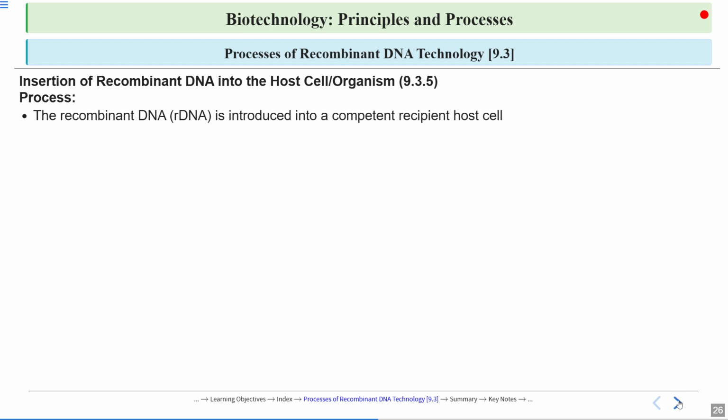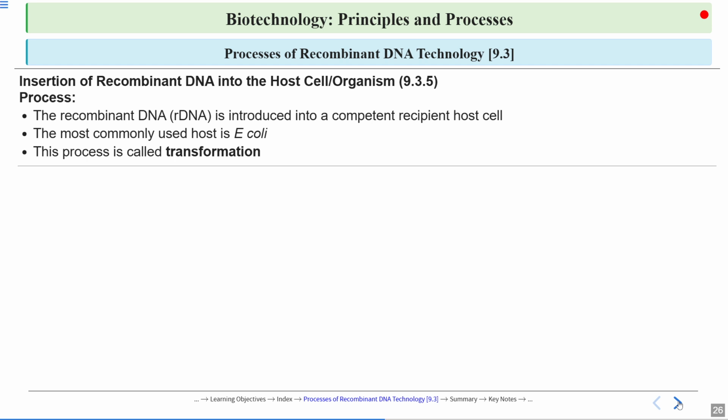If its cell membrane is made in such a way that it can receive this recombinant DNA, it becomes a good competent host cell. The most commonly used host is E. coli, and the process in which this recombinant DNA goes into the competent host cell is called transformation.